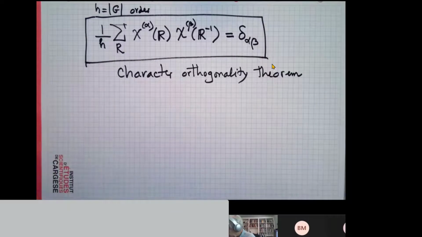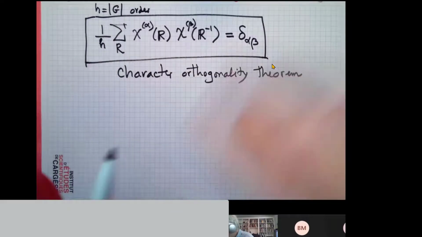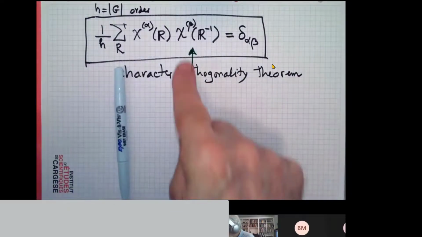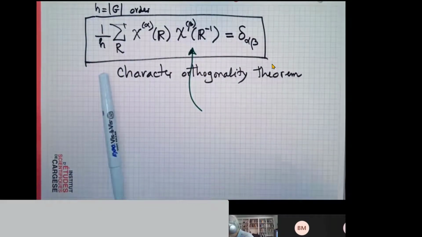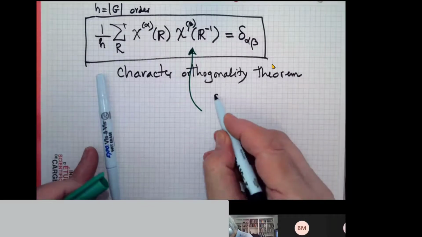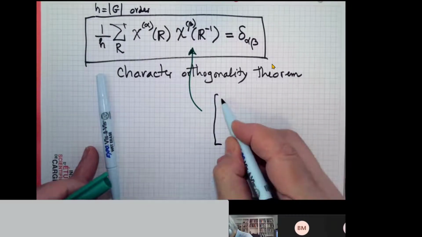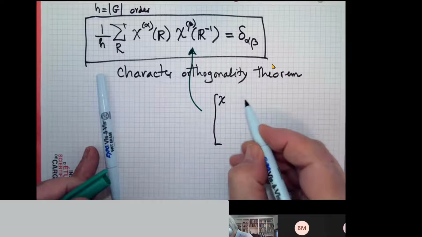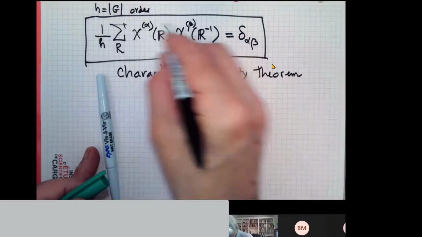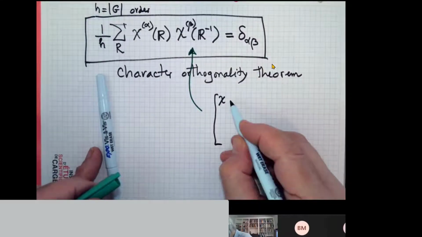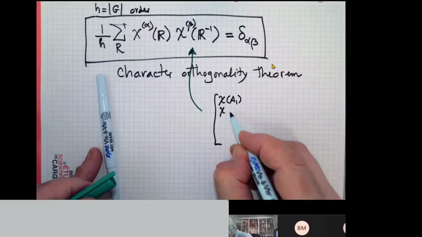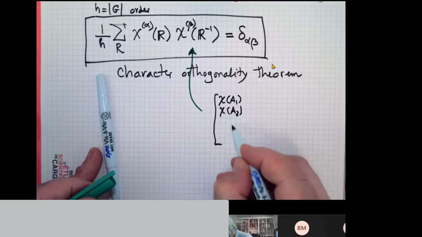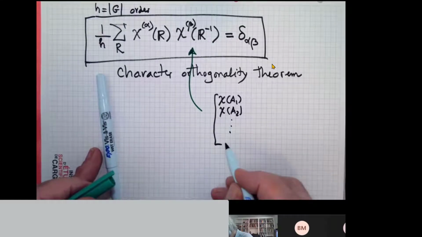So why is this orthogonality? This here is an array of H numbers. In other words, this is a vector. And I take the character of the first one, and let me forget the synthesis for a moment. It's irreducible. So first one, second one, to the last one.